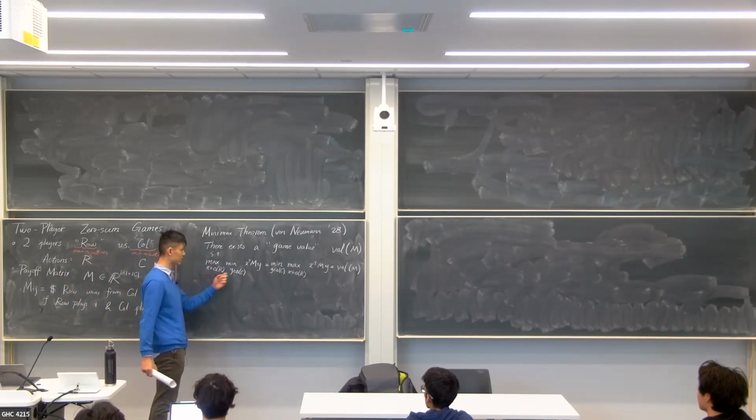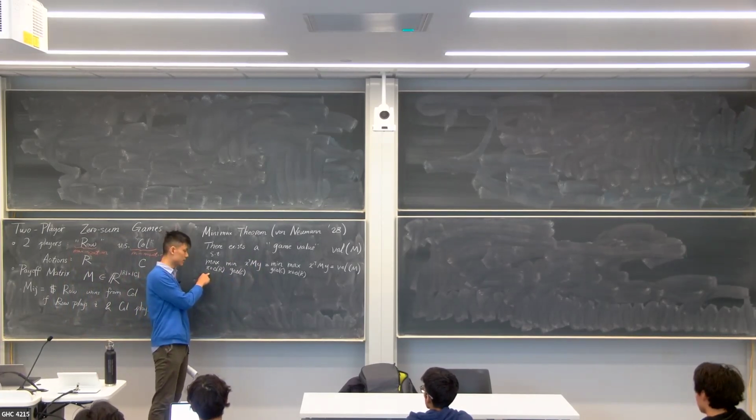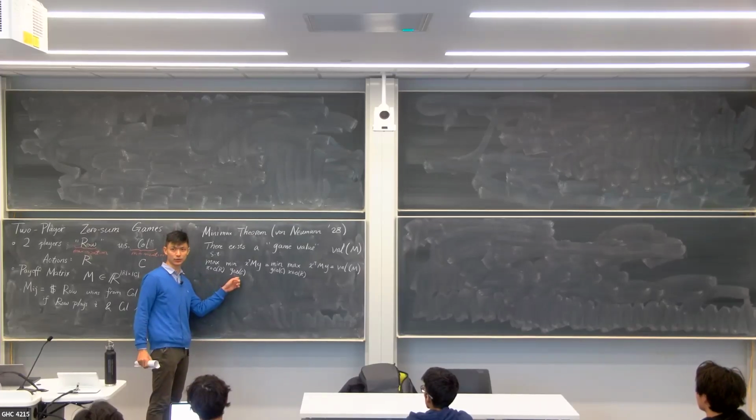So max min of this payoff means I ask the maximization player to go first, to think about how to optimize, anticipating the second player to screw this player up by using the best strategy to minimize. How would this player solve this game? So this is the maximization player going first.